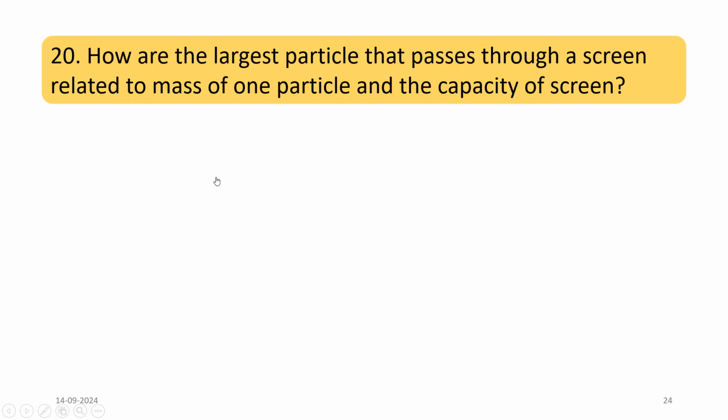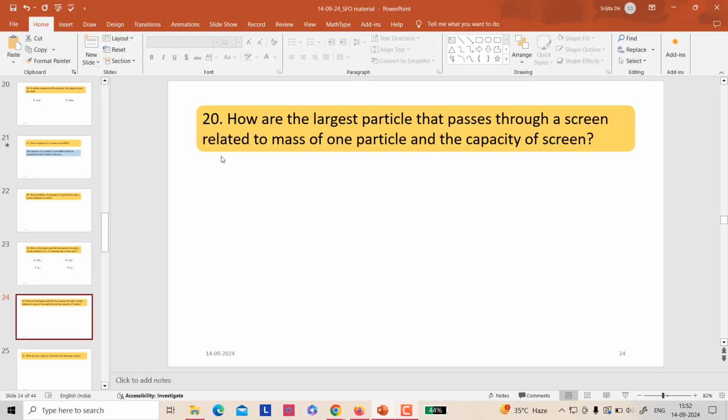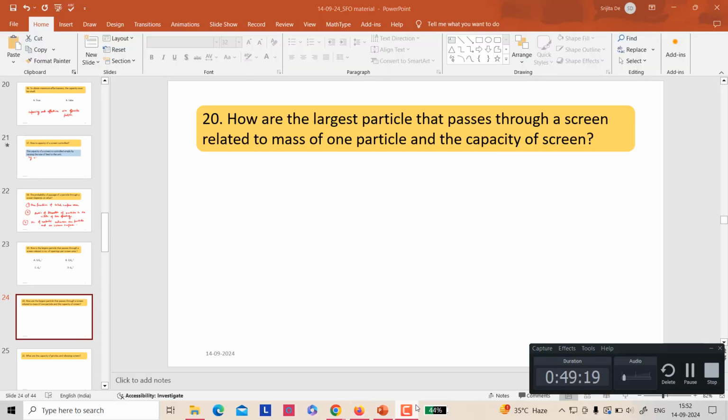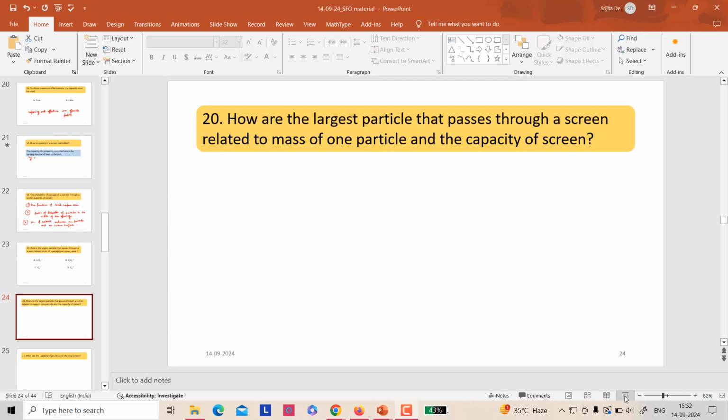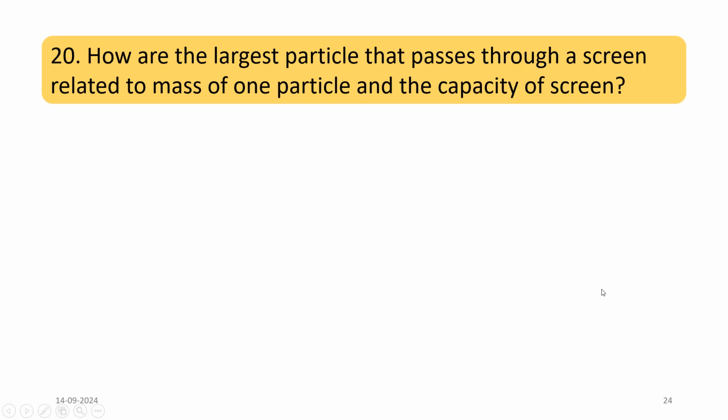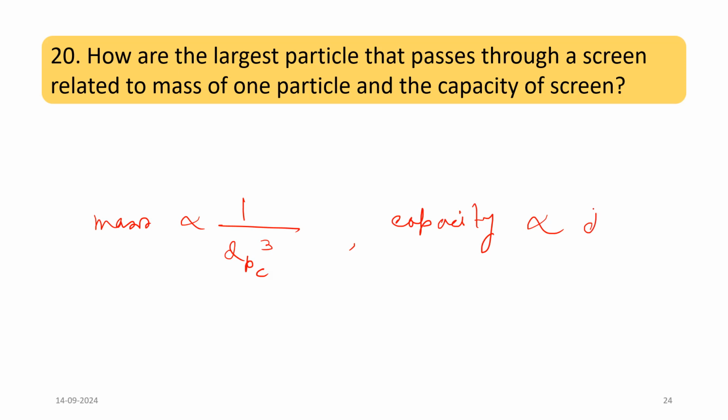Next, how is the largest particle that passes through a screen related to mass of one particle and the capacity of screen? Mass of the particle is proportional to dpc cube, and capacity is proportional to dpc, just the diameter of the largest particle.